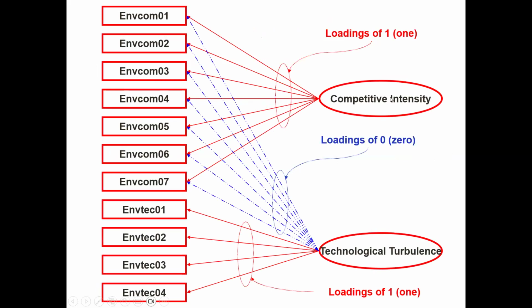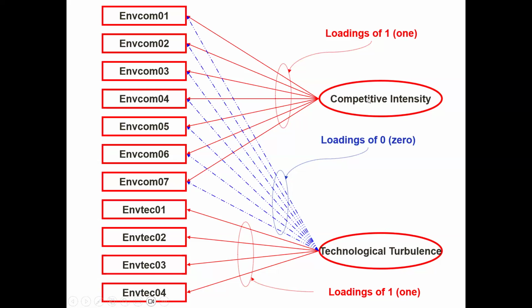Competitive intensity and technological turbulence are two different constructs we are trying to capture with empirical data. Each of these has its measures: 1 to 7 for competitive intensity, and then 1 to 4 for technological turbulence.